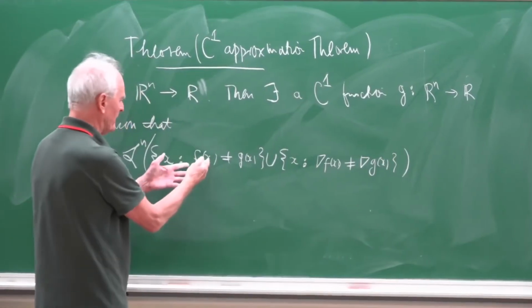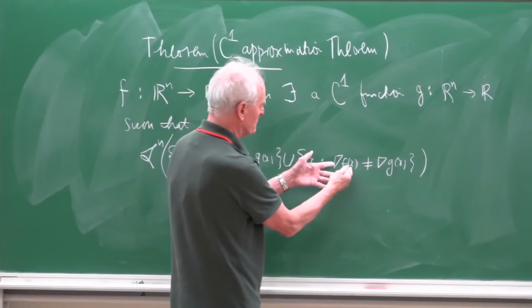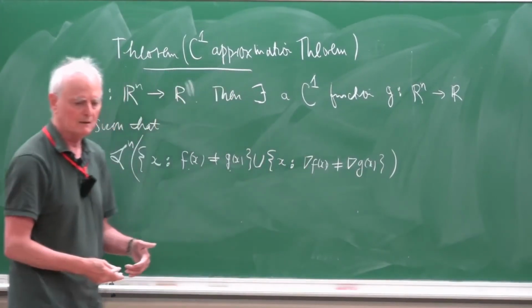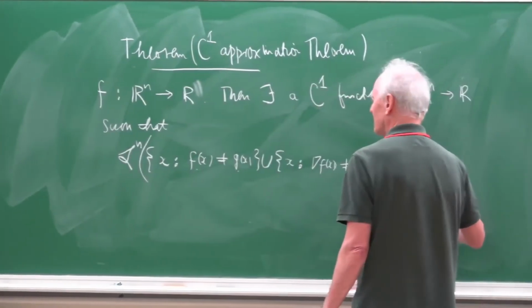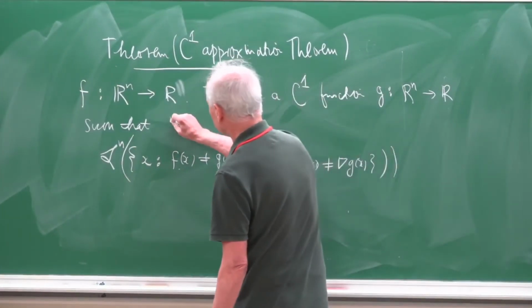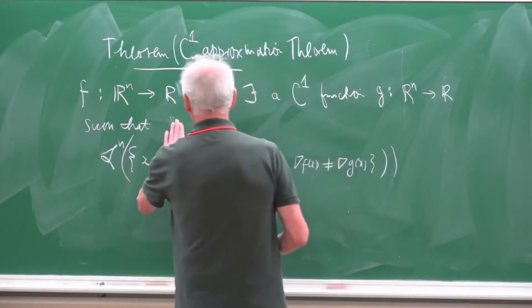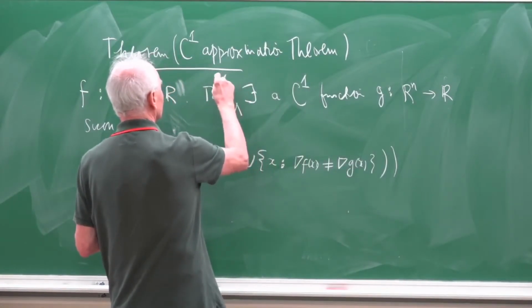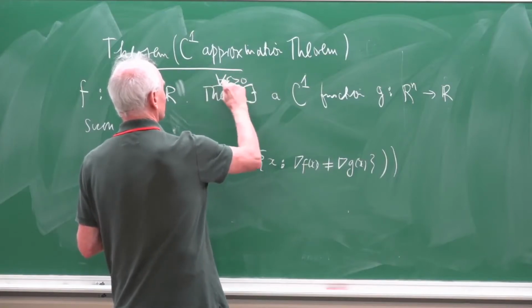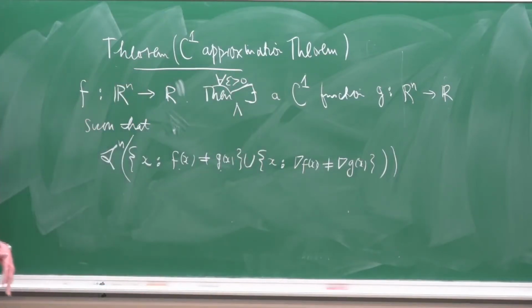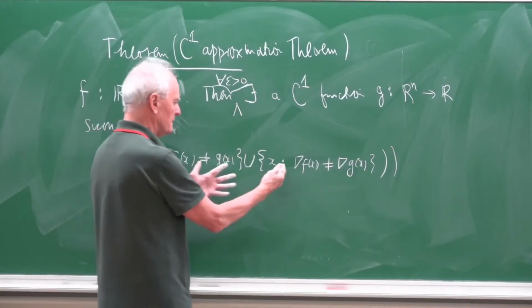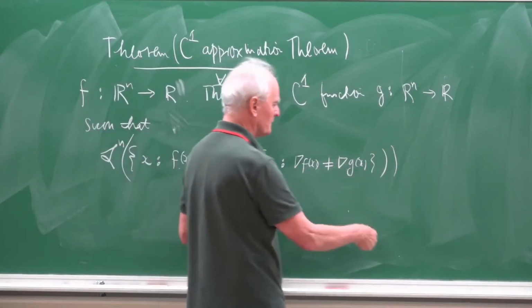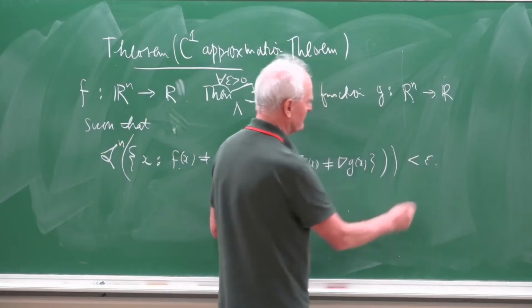It's the set of points where f differs from g and the set of points where the gradient of f differs from the gradient of g. The claim is that you can make that as small as you like. So for every epsilon bigger than 0, if you pre-assign a given epsilon bigger than 0, you can find a C1 function g such that the set of points where f differs from g together with the set of points where the gradient differs from the gradient of g has measure less than epsilon.